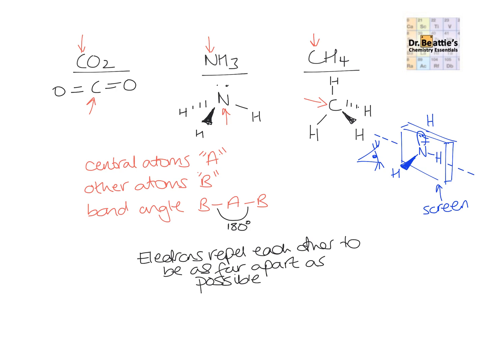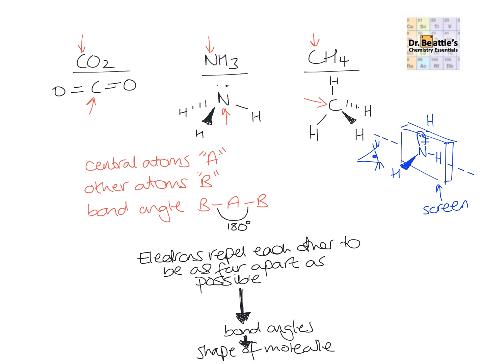And so their angles are going to be as great as possible. And furthermore, the shape they adopt is going to be such a shape in order to get these electrons as far apart as possible. And this is the whole principle behind shapes of molecules and bond angles. And so this flowchart of basically cause and effect explains the shapes that we see in molecules and ions.